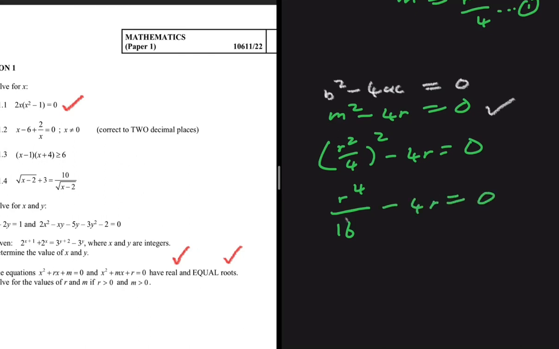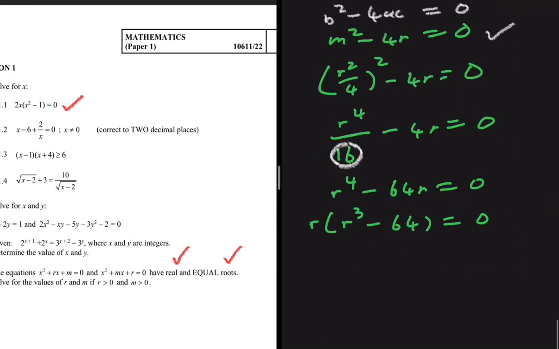The 16 is troublesome, so let's go ahead and multiply through by 16. We're going to have r to the power of 4 minus 4 multiplied by 16. 4 multiplied by 16, that is 64. So we have 64r being equal to 0.